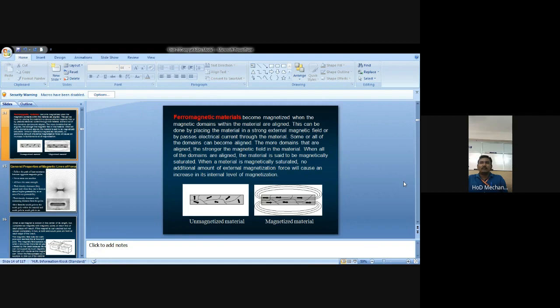Some or all of the domains can become aligned. The more domains that are aligned, the stronger the magnetic field in the material. When all of the domains are aligned, the material is said to be magnetically saturated. When a material is magnetically saturated, no additional amount of external magnetization force will cause an increase in its internal level of magnetization.